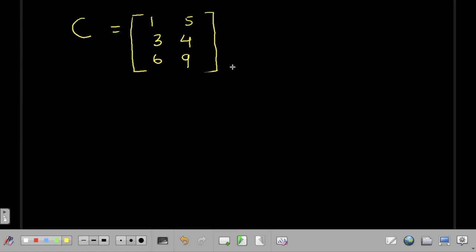There are 3 rows here. The very first row is this, second row is this, and third row is this. So we have 3 rows and 2 columns, this one here and this one here. So 3 times 2. Is that clear? So this is all about the matrix and its order.